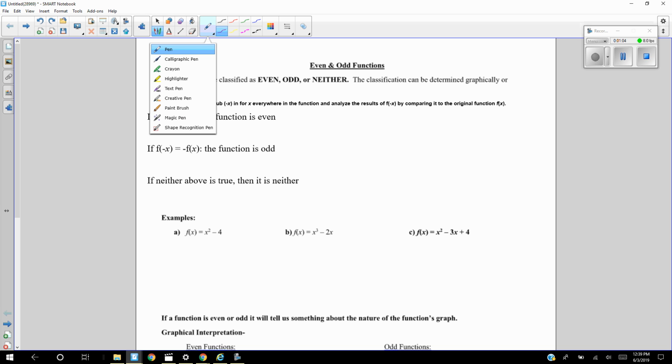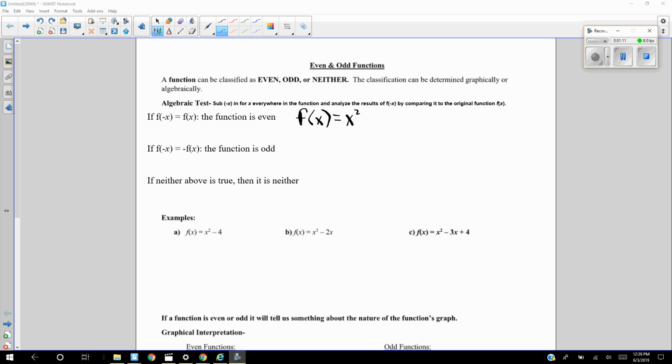But I first want to look at an example of a really basic even function. So here's our example, f of x equals x squared. So again, the algebraic test is we're subbing in negative x everywhere in the function. So we're going to start by subbing in a negative x right here in the original function, and then again right here on the other side.